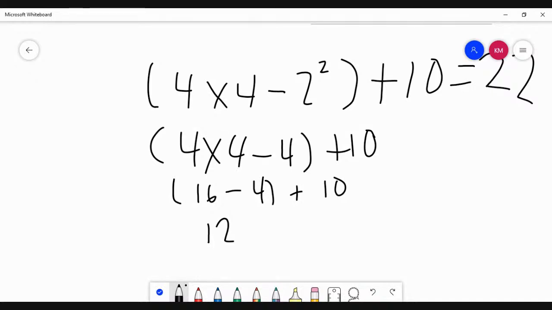Notice again, I dropped my parentheses once I got to a single number, and I add my 10, which gives me 22. All right, guys, any questions?